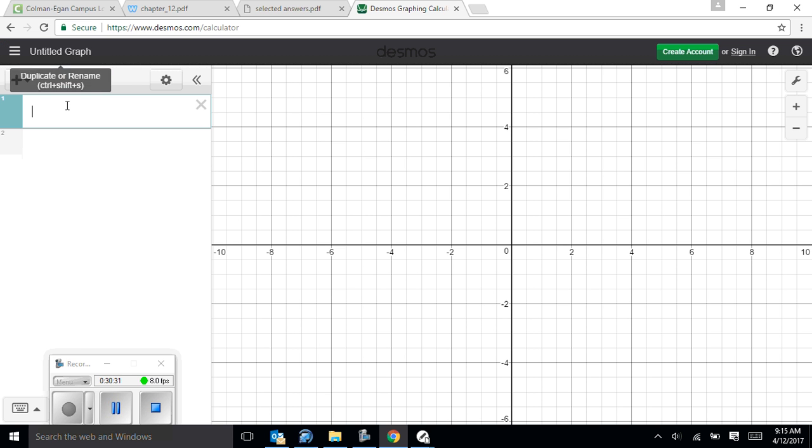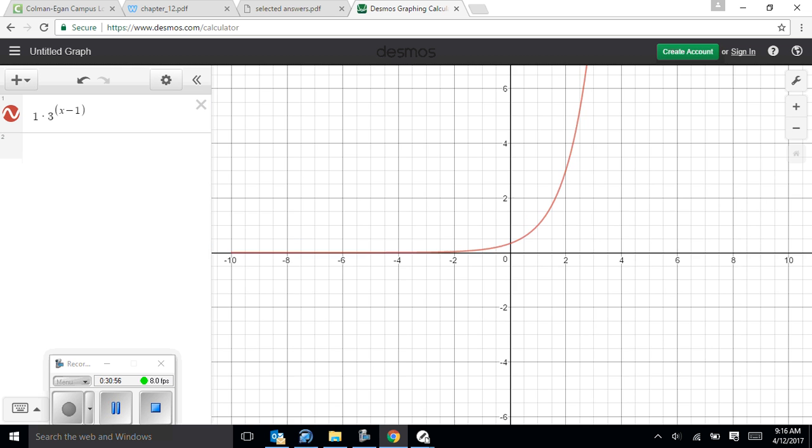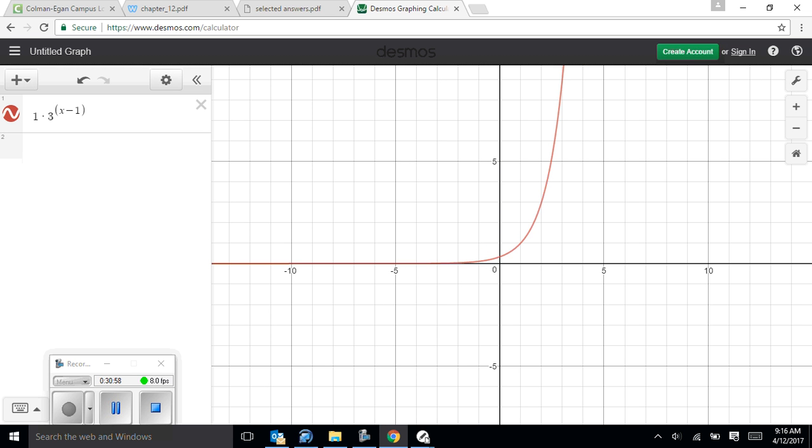The benefit of function notation is that we can enter 1 times 3 to the n minus 1. Is that linear or nonlinear? Nonlinear. That's not a straight line, so this is definitely nonlinear.